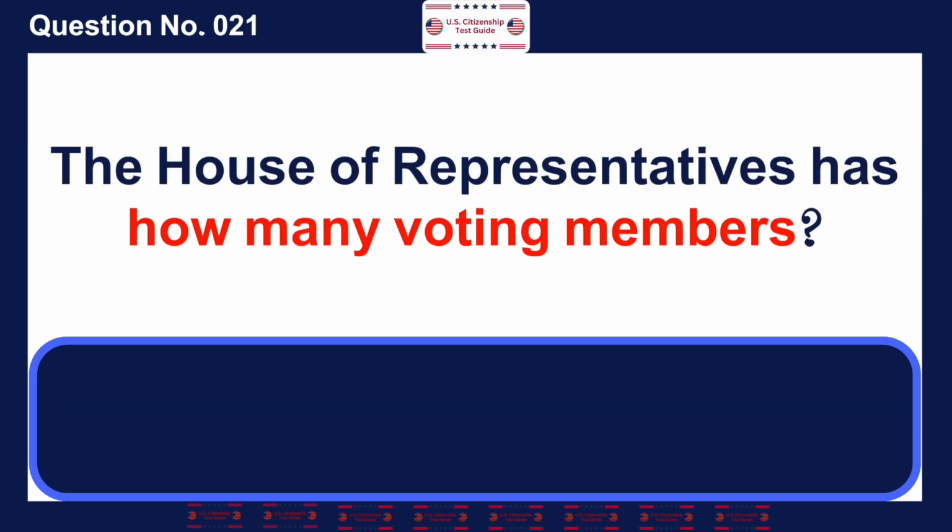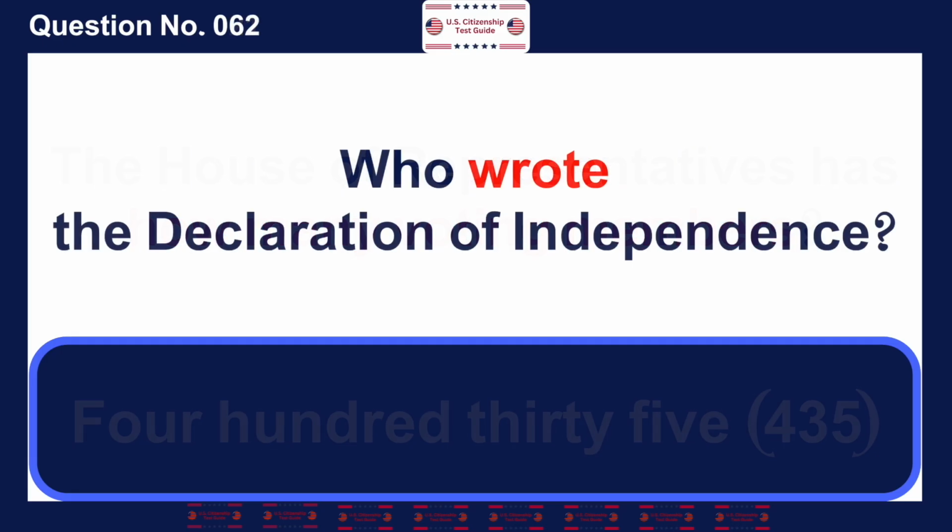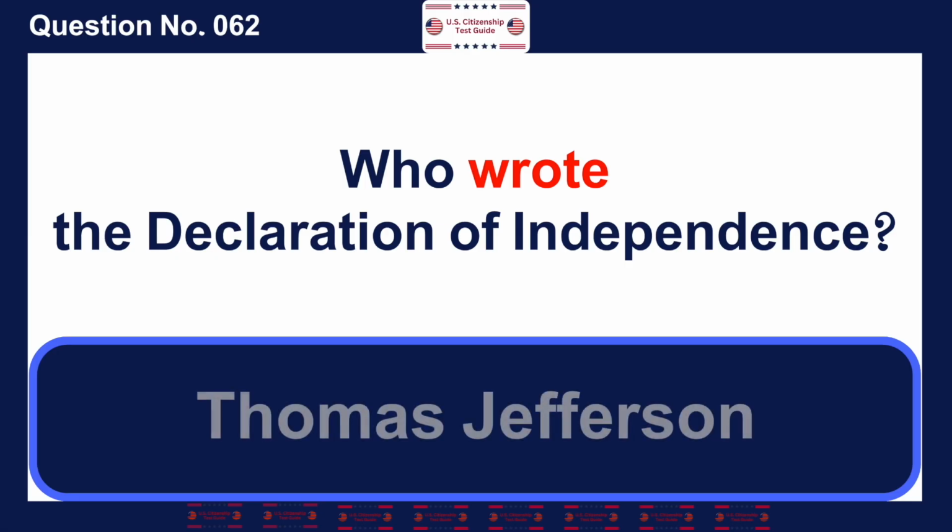The House of Representatives has how many voting members? 435. Who wrote the Declaration of Independence? Thomas Jefferson.